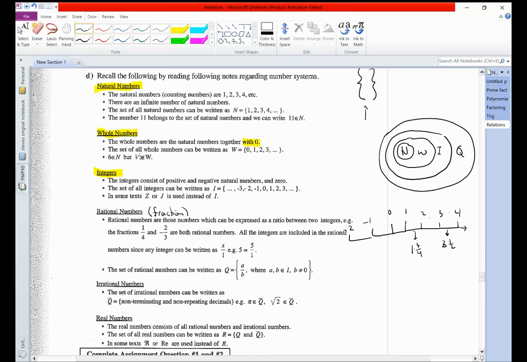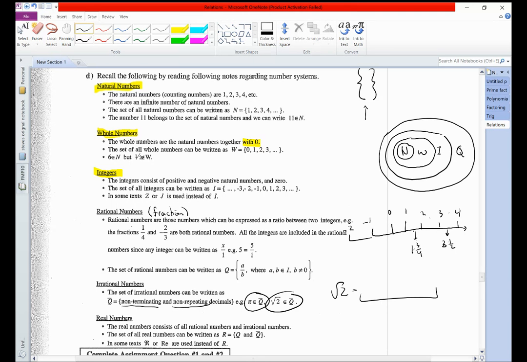So pi is an irrational number. The square root of 2 is an irrational number. If you do the square root of 2 on your calculator, you're going to get a crazy decimal that goes forever. It doesn't repeat and it doesn't end. Pi we know is 3.14159, and it goes on and it never repeats.